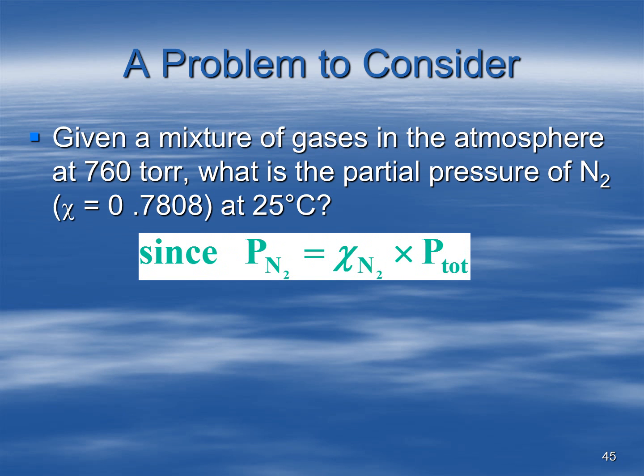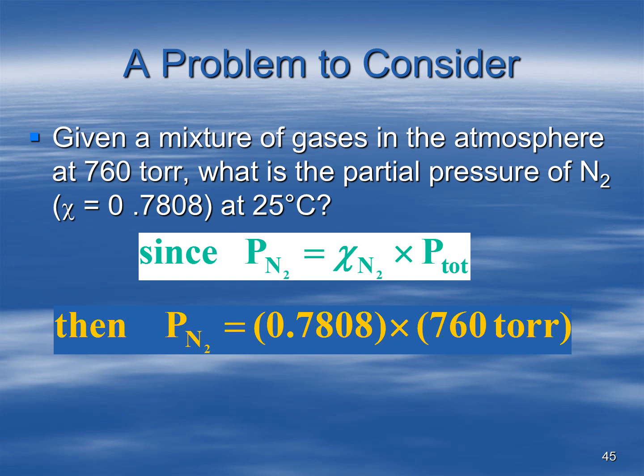We know that the partial pressure of any gas is equal to its mole fraction times the total pressure. So in this case, we take the mole fraction, 0.7808, times the pressure, 760 torr, and we find that the partial pressure just due to nitrogen is 593 torr.